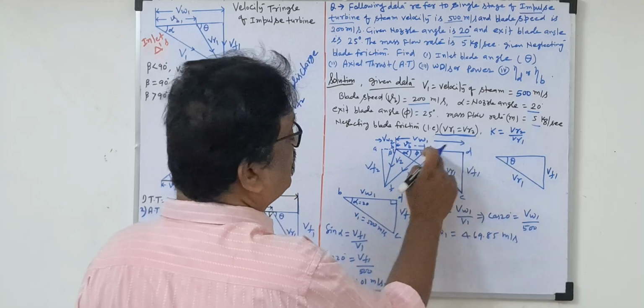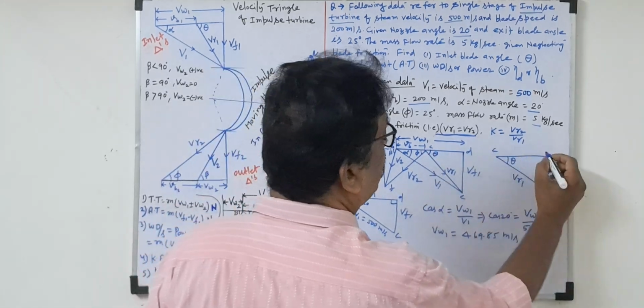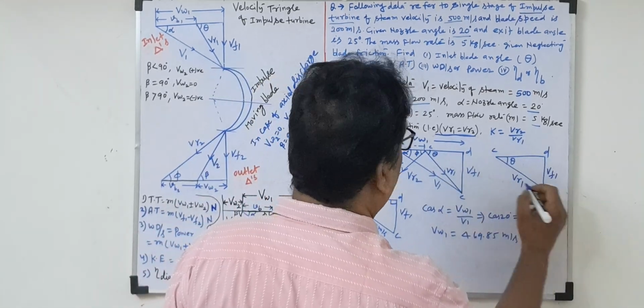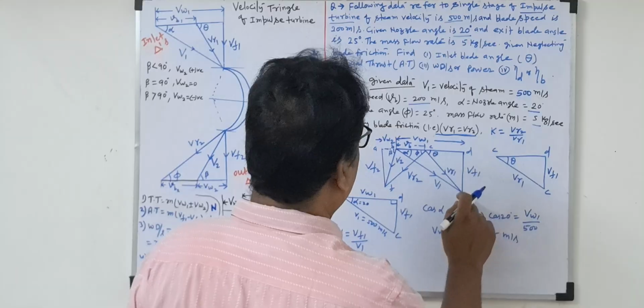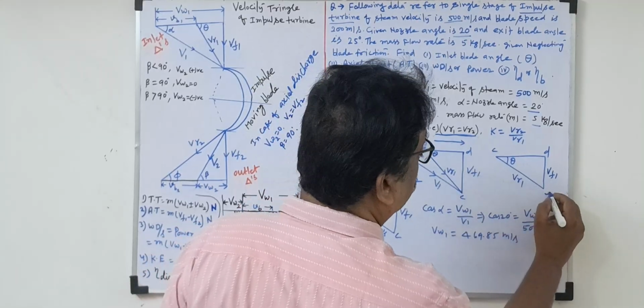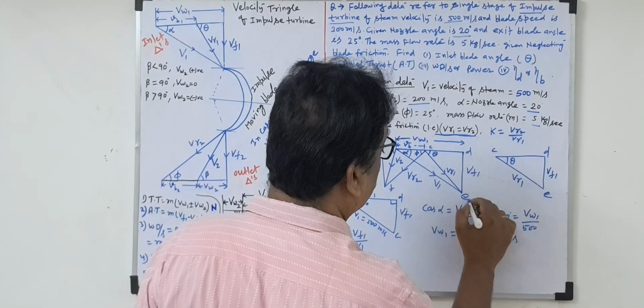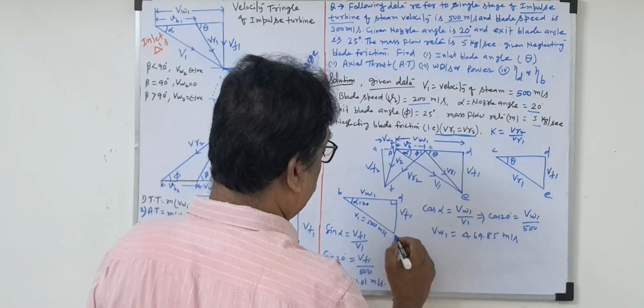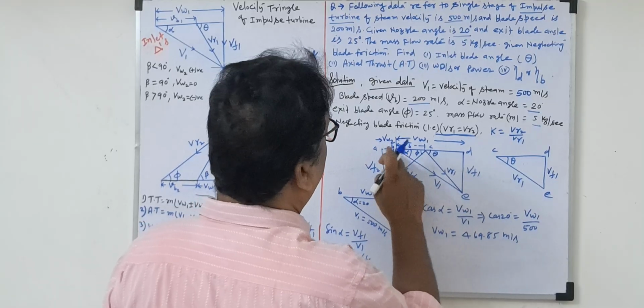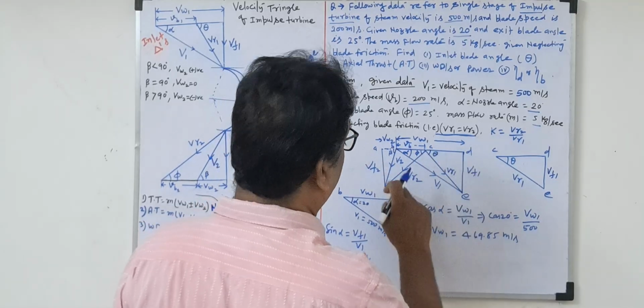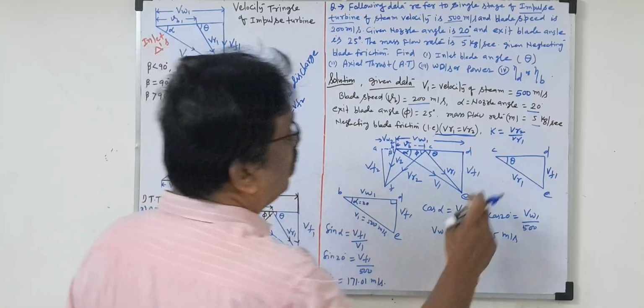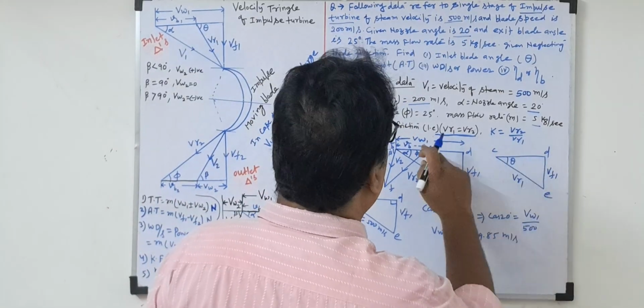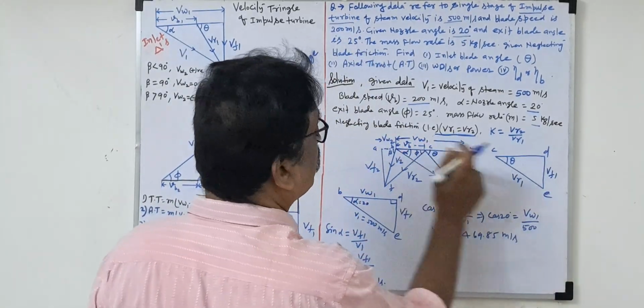This length, how much? CD. A, B, C, D, E, F. So C, D is nothing but VW1 minus VB.